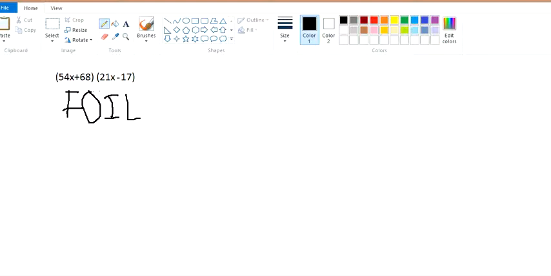So front, 54 times 21. That yields us 1,134x squared. And then we multiply the outsides, and that gives us 54 times negative 17 is 918. Since it's negative, we have minus 918x.